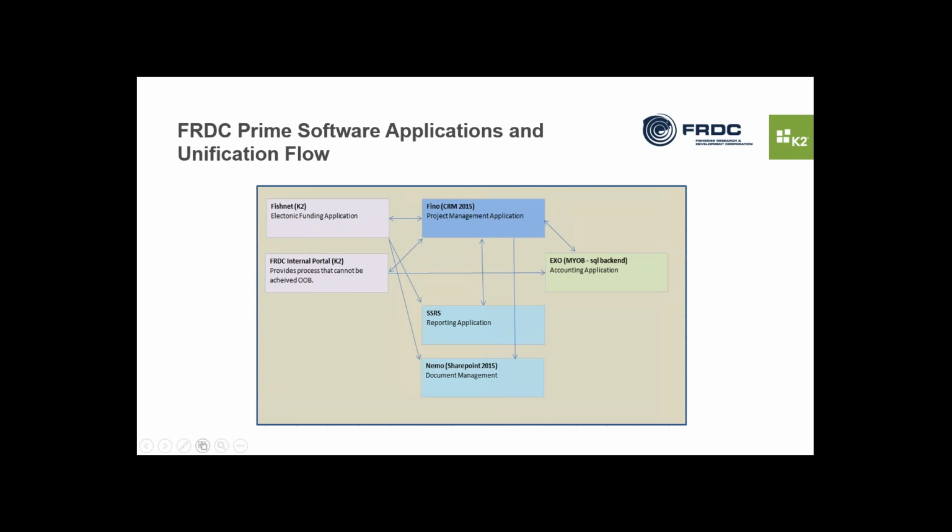This is just a bit of a quick overview of our type of systems. As you can see here, we've got Fino, which is our CRM. It does project management. So we may process a deliverable, a contractual deliverable in Fino, and it would automatically go through several policy processes with delegation and people to approve.